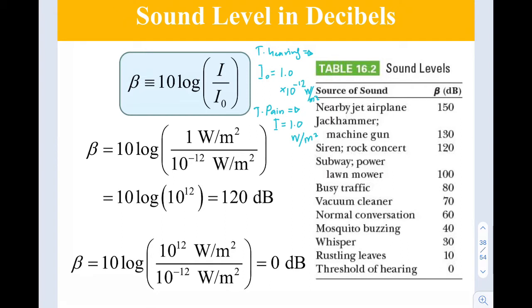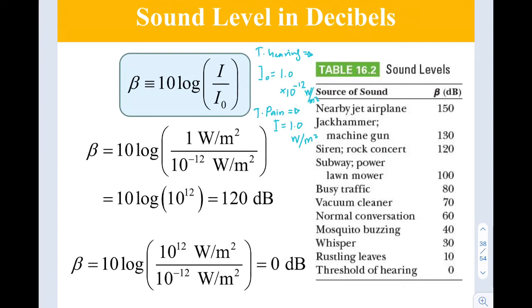If we want the highest sound level we can receive for our hearing system, we put the threshold of pain as our I, as a ratio to I naught, the threshold of hearing, and you will have 120 decibels. 120 decibels is a siren or a rock concert, so it is going to be painful. Then for the sound level at the threshold of hearing, substitute I over I naught as 1 itself, and we will get 0 decibels.